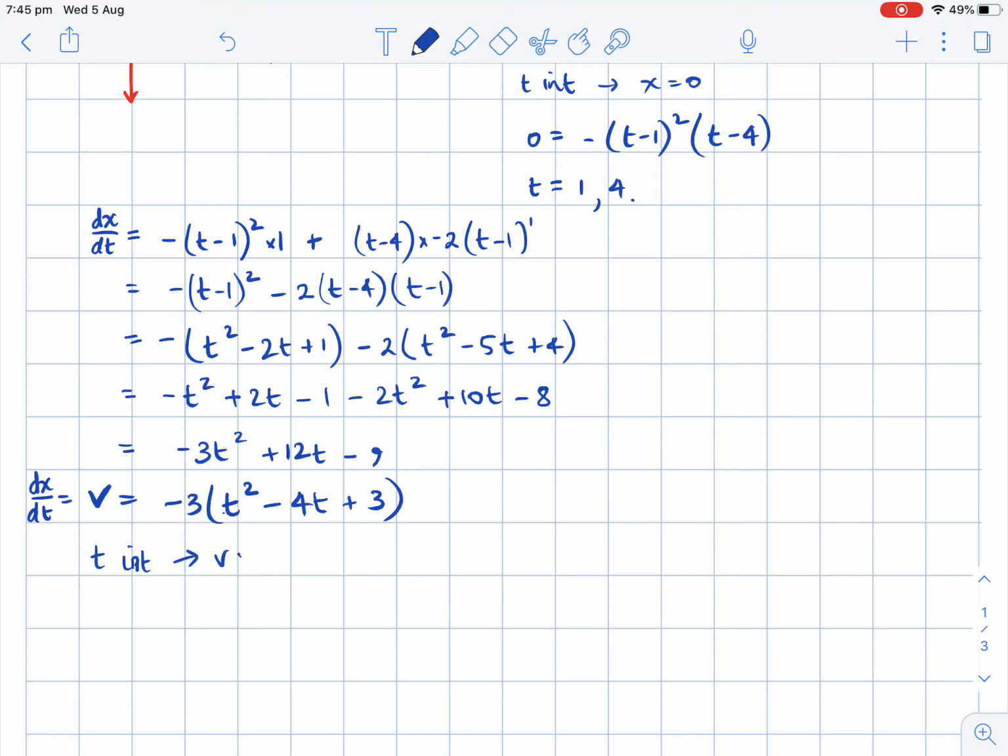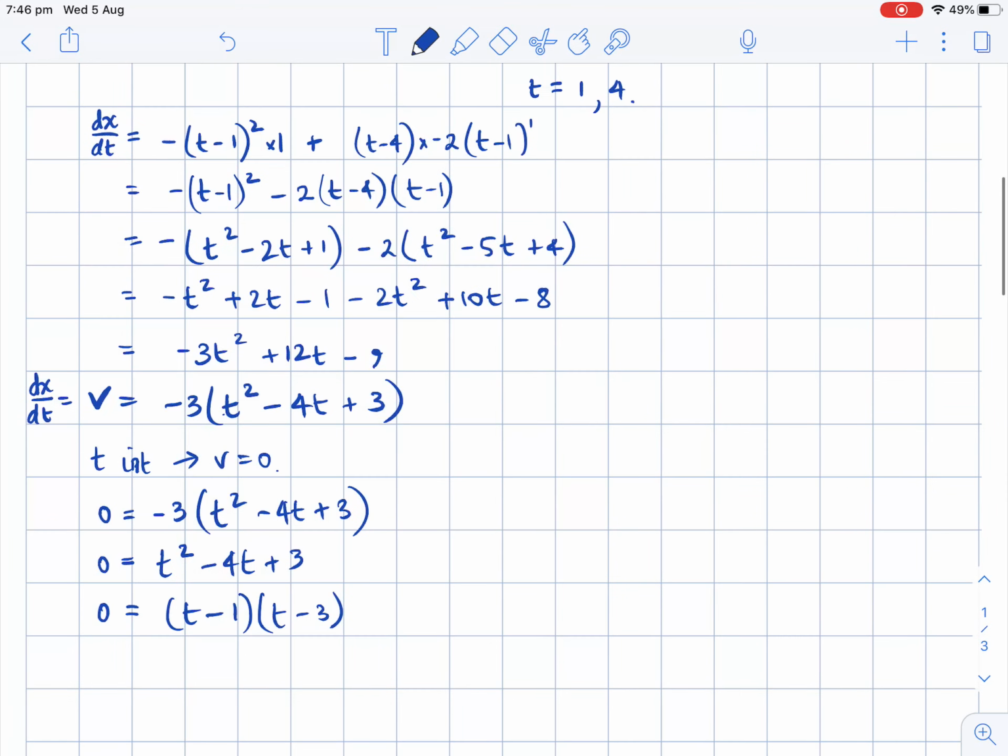So when v equals 0, I write negative 3 times (t squared minus 4t plus 3) equals 0. Divide both sides by negative 3: t squared minus 4t plus 3, and then I can factorise that, (t minus 1)(t minus 3). So we get the velocity is equal to 0 at t equals 1 and t equals 3.